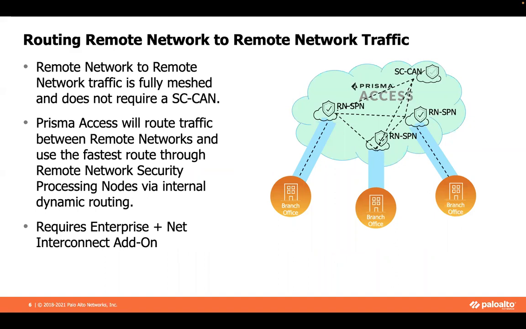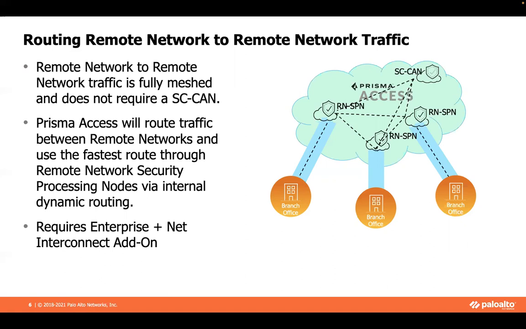Between the different remote networks and the corporate access nodes, or between one remote network and another remote network, we can use static routes. Traffic can go straight from one remote network to another without having to traverse a corporate access node.